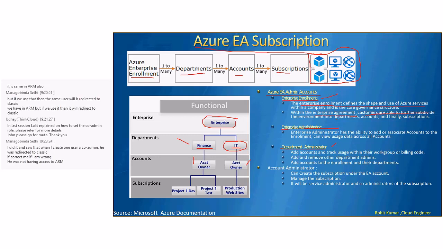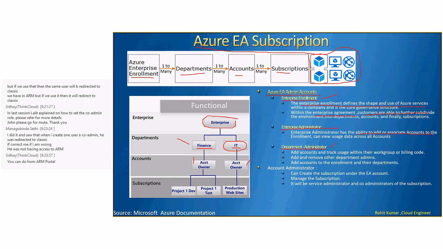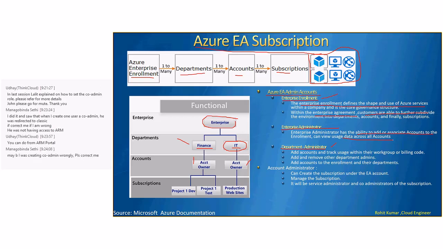And then you can say the enterprise administrator. The enterprise administrator has the ability to add and associate accounts and enroll accounts so you can view usage data across all the accounts. So basically, if you have a wider organization, with more than 10,000 servers, or lakhs and lakhs of users, and you want to segregate it into departments, you want to manage your billing.